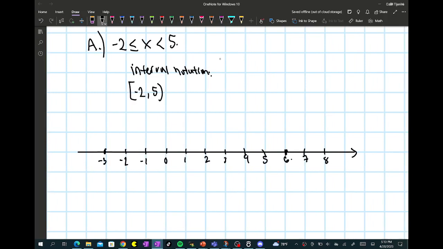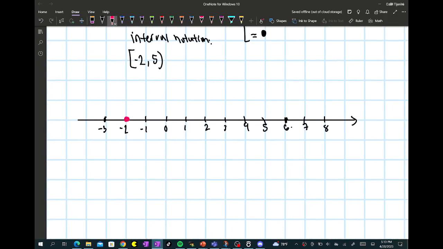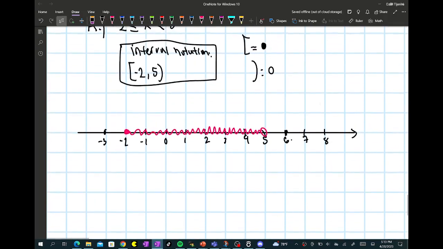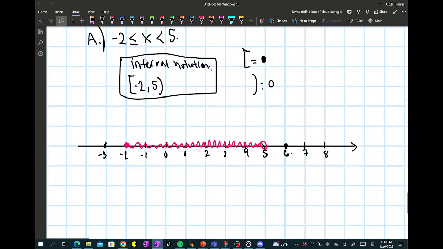When we have a bracket, this implies that we're going to put a closed dot. So we put a closed dot at -2, and then an open dot at 5. What you're going to do is just shade in between. So in interval notation this is our answer, and this is how you would graph it on the real number line. So that is part A.